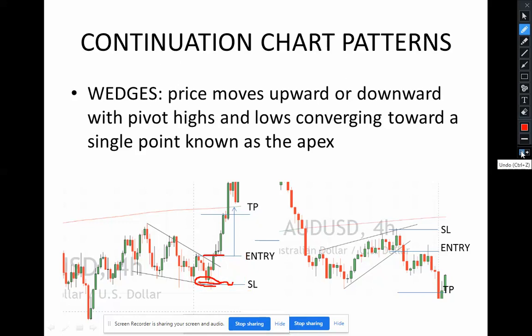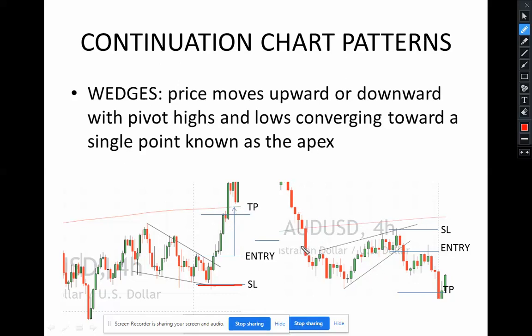So if you want to be safe, always place your stop loss below structure, and your take profit target should be twice this stop loss, or make it a 1 to 1 risk reward ratio, risking 1% to get 1%. So this would be your target. This is for bullish wedges.